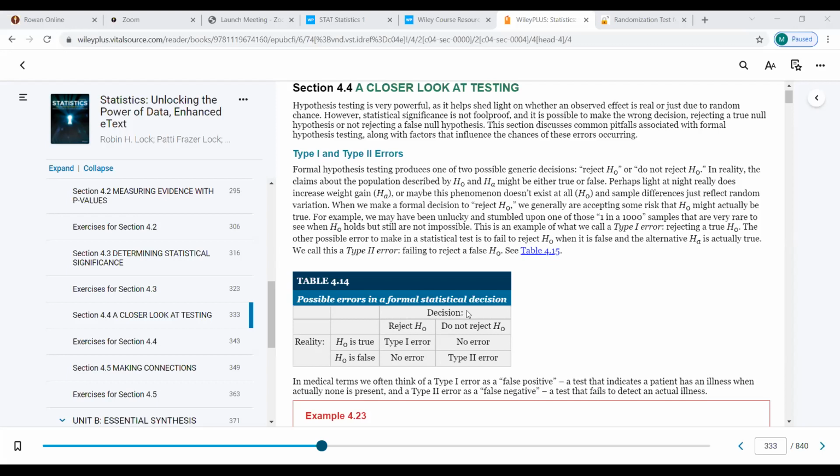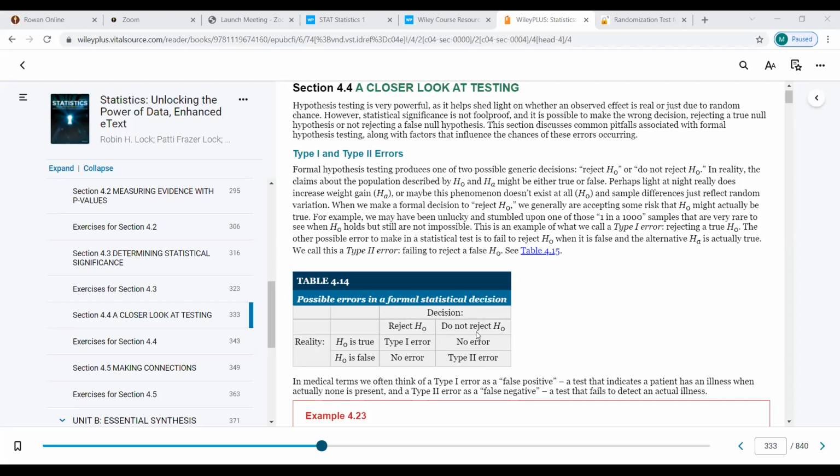The decision up here is one of two decisions. We either have enough evidence to reject the null hypothesis, or we do not have enough evidence to reject, and therefore we do not reject the null hypothesis. Everybody clear on that? All right.